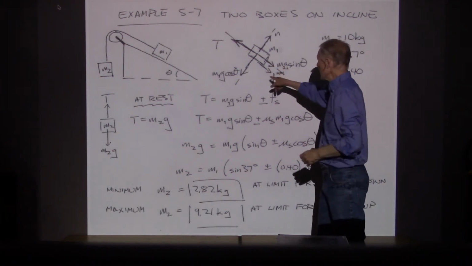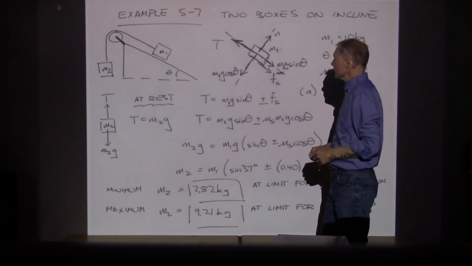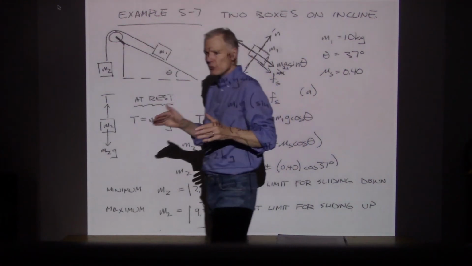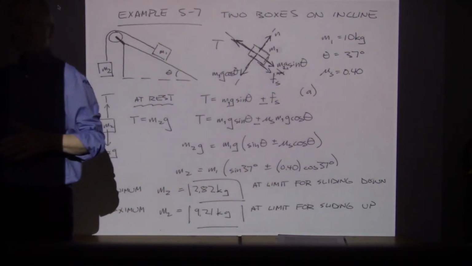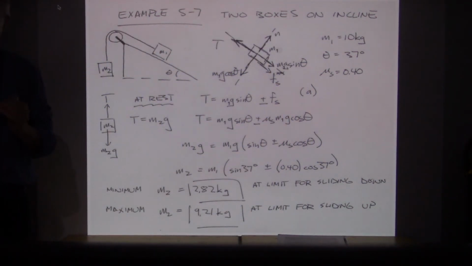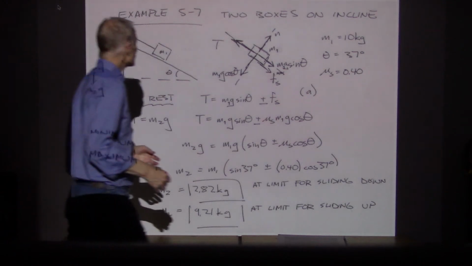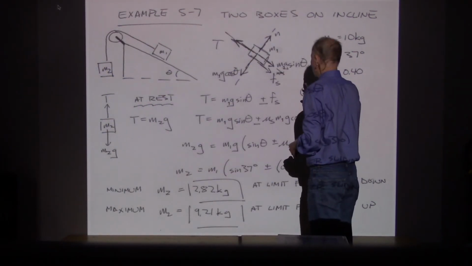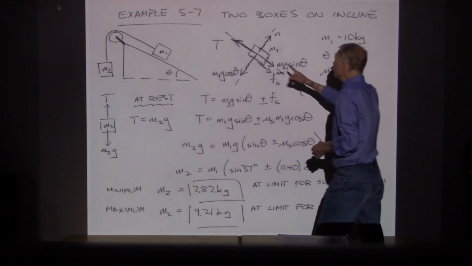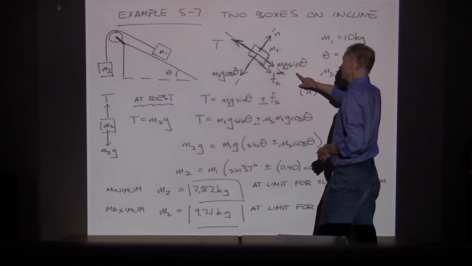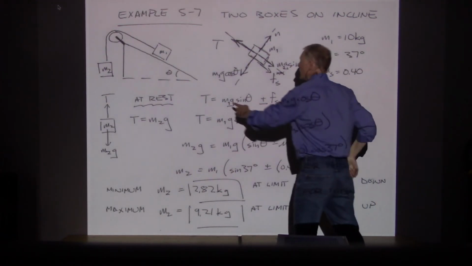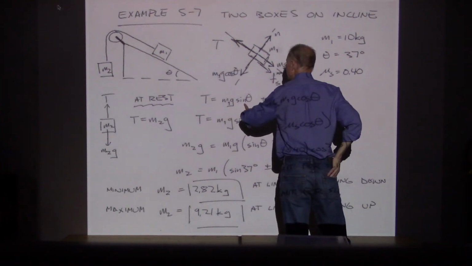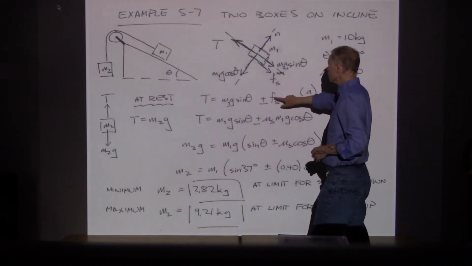For the drawing we have here, if there is to be no acceleration, so the object starts out at rest and the acceleration is 0, then it stays at rest. So the forces would balance out. I've written this as T equal to M1G sine theta, but then I put plus or minus.